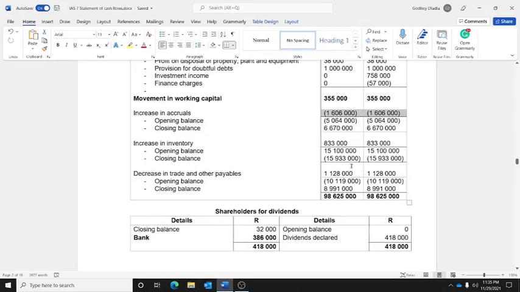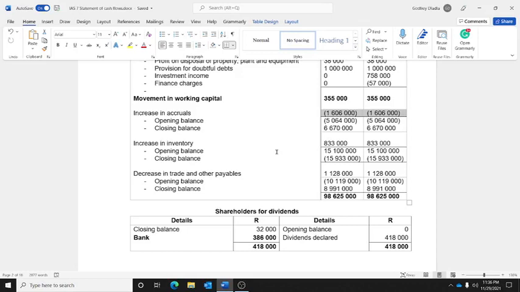This one, the opening is 15 million on the debit side, the 15.1 debit side, 15.9 credit side. Then it goes, the 15 goes to, let me see, yeah, 15 will go to the credit side now. 15.1 debit side, 15.9, that will be your credit side.